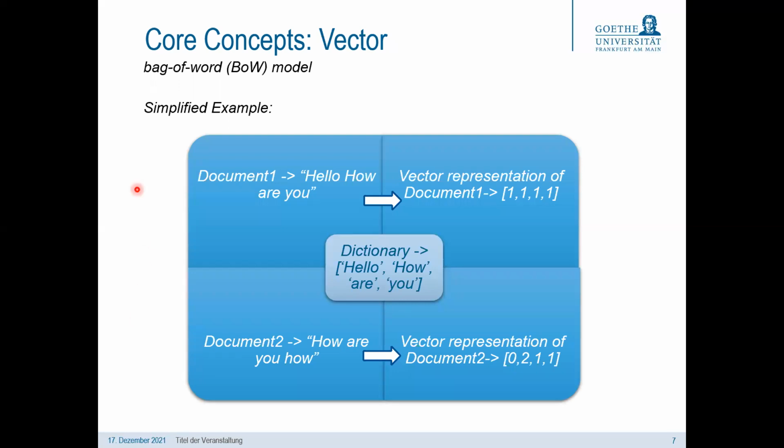And what about the vector? A mathematical representation of a document is called a vector. What if we want to infer the latent structure in our corpus? For this, we need to represent the documents in such a way that we can manipulate them mathematically.